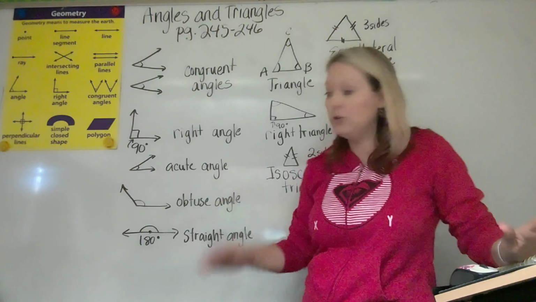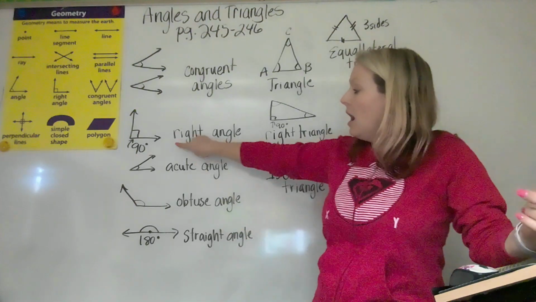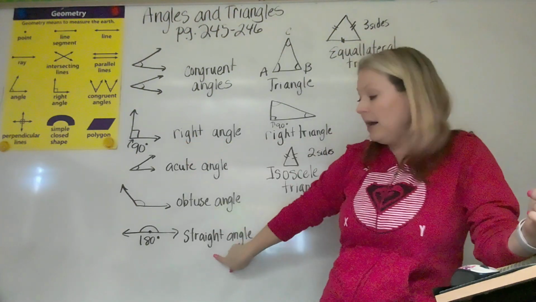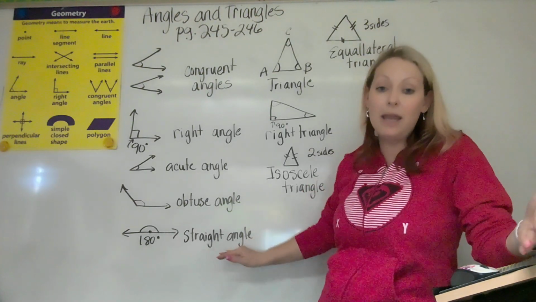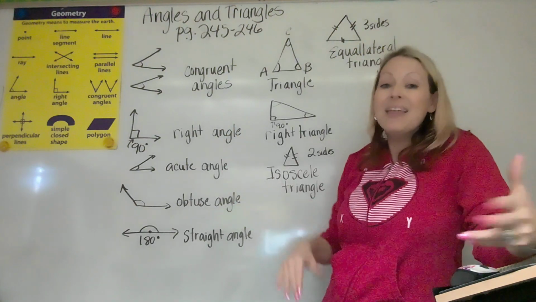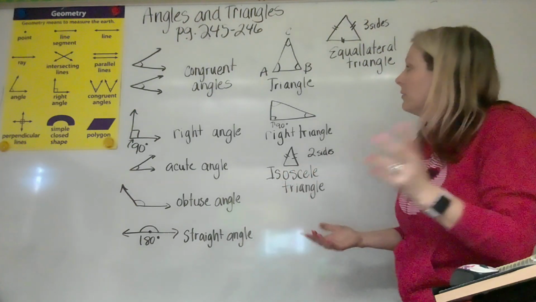A straight line is always a 180-degree angle. So you already know a 90-degree angle for a right angle and a 180-degree angle for a straight angle. You know those two automatically. That helps you when we move into our triangle phase.